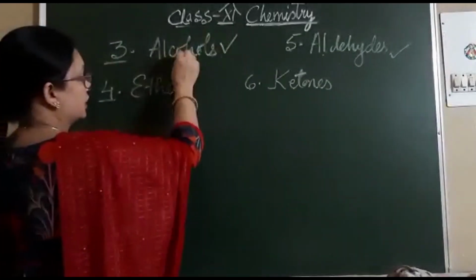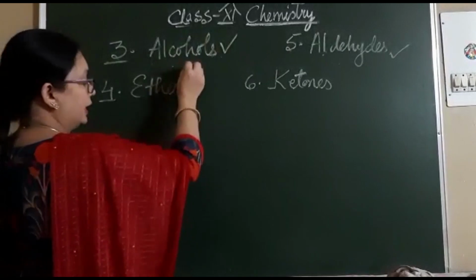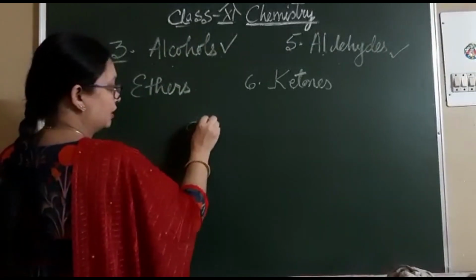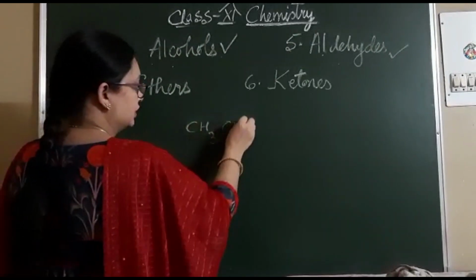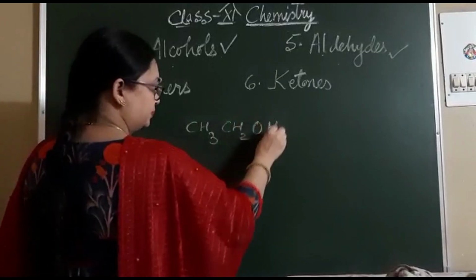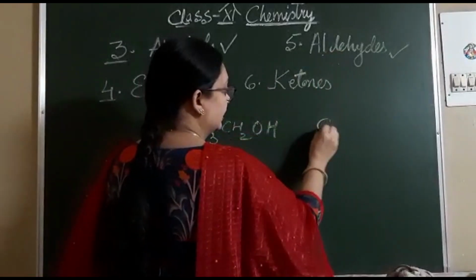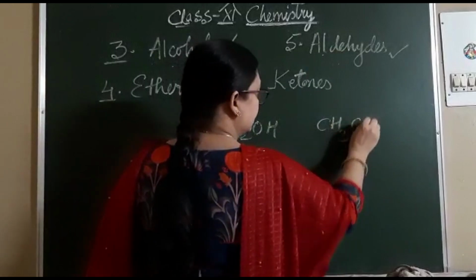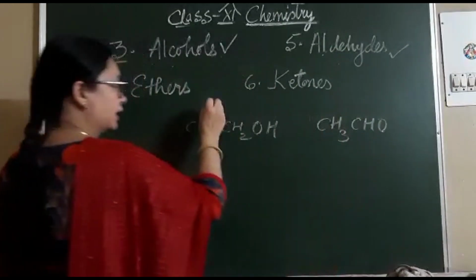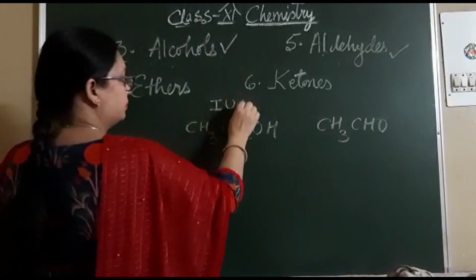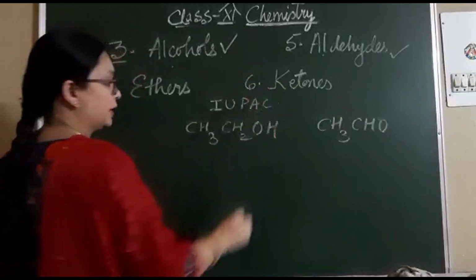Now consider the alcohols. Suppose this is one example, CH3CH2OH, and in the case of aldehyde it is CH3CHO. I am talking about the IUPAC name. Common names are very simple.